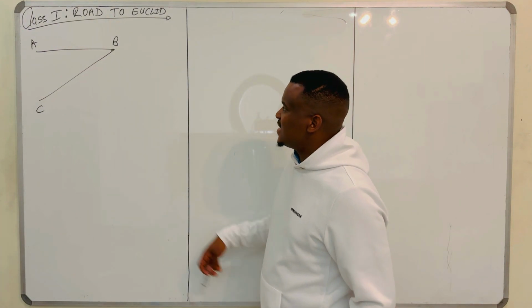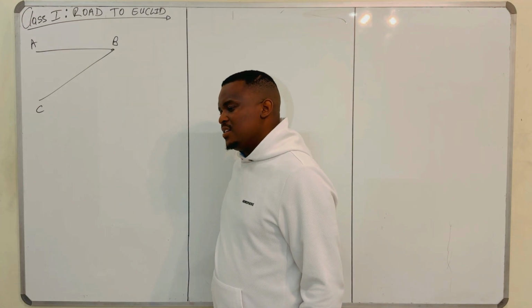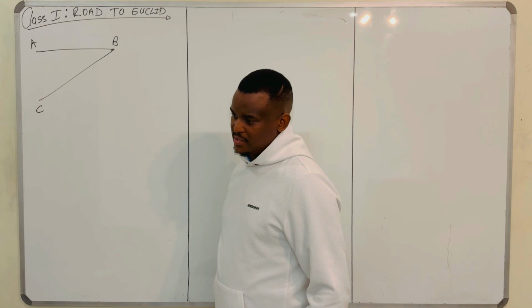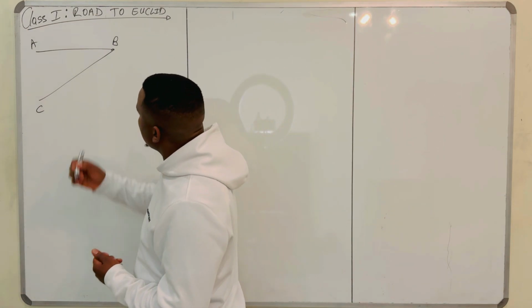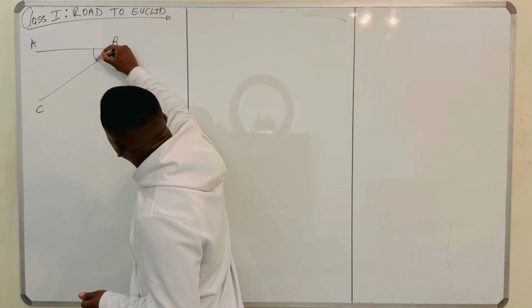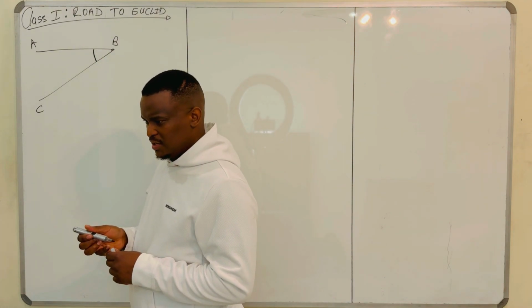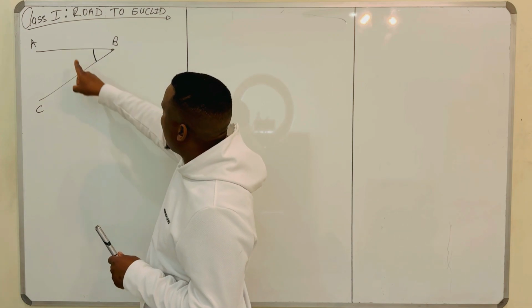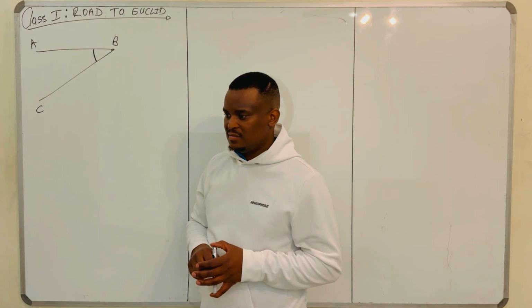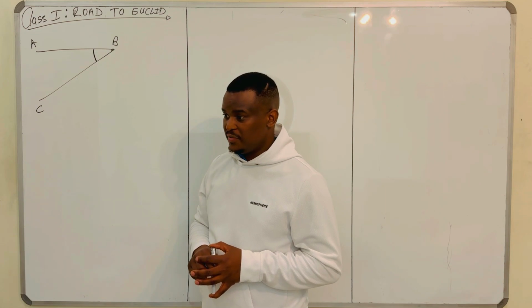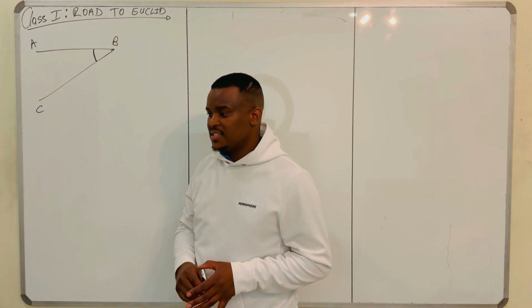At B. So an angle is the measure between those two lines, this position here. It is an angle between two lines that intersect, to be specific. I need you to be familiar with this.